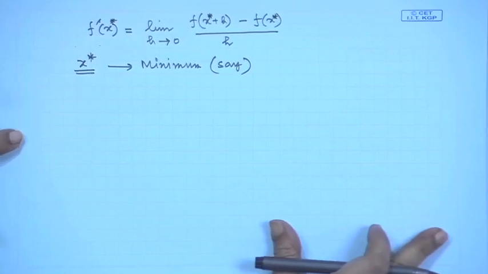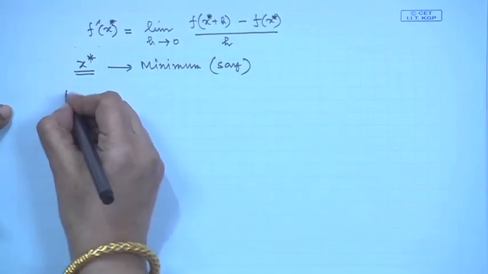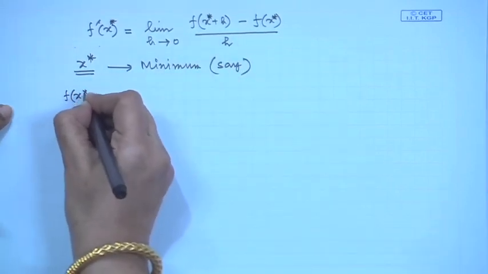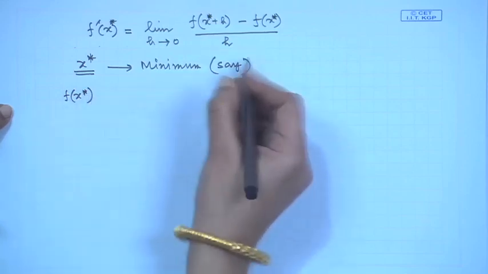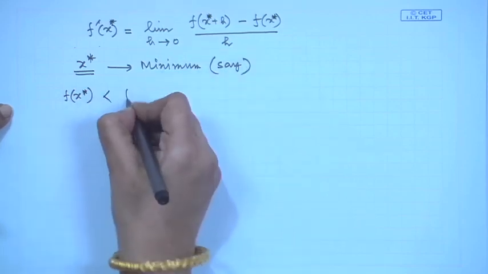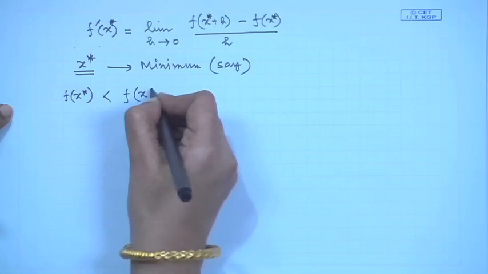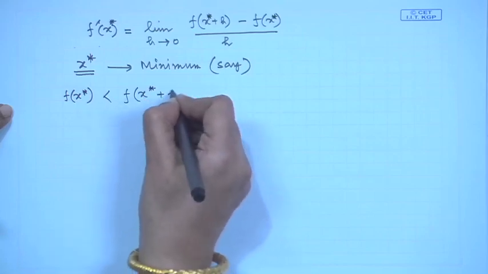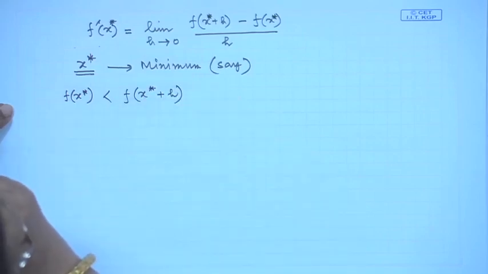Now, what we have said is that x star is minimum, that is why always f(x star) would be lesser than f(x star plus h), because you have learned that if there is a local minimum, then in the neighborhood of that point we won't get any lesser value for that function, other than at that point.